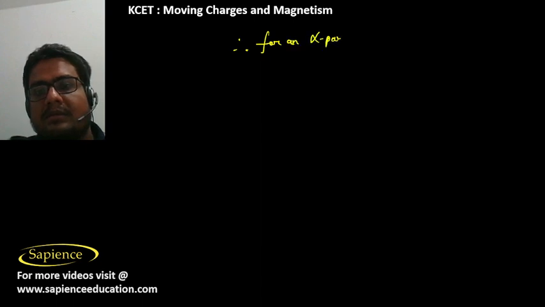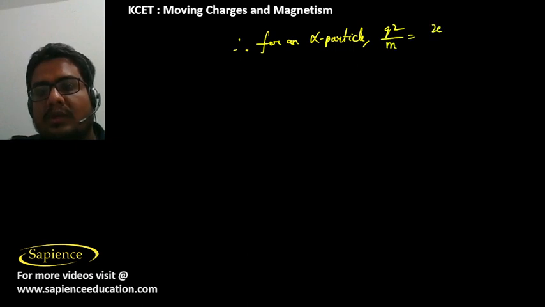Therefore we can say that for an alpha particle, the q square by m value is 2e whole square by 4m, which is also equal to e square by m.